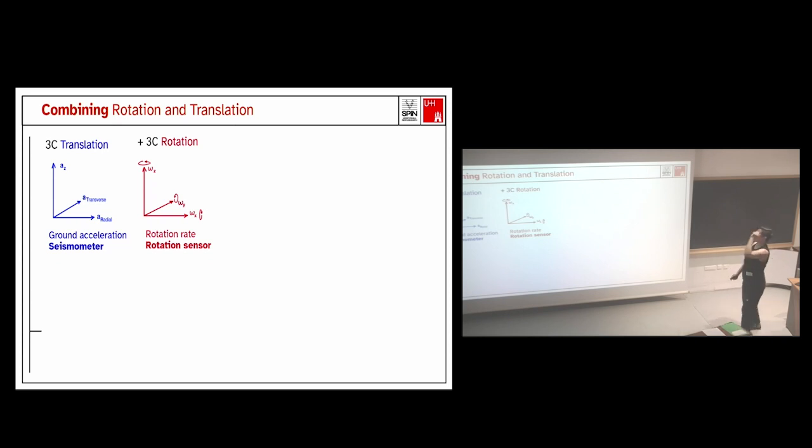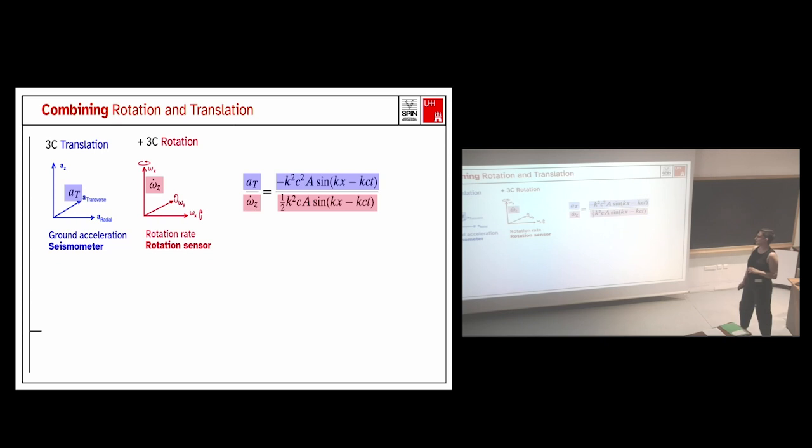How does that work? Now, if we think about just a plane wave that's moving along, and we measure the translation of that plane wave and the rotation of that plane wave at the same location, then the very simple version is something like this. So our plane wave is a sine wave.